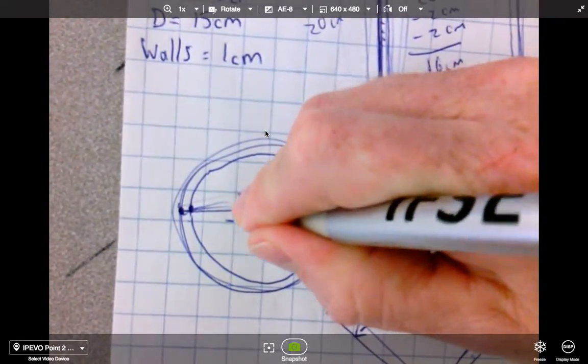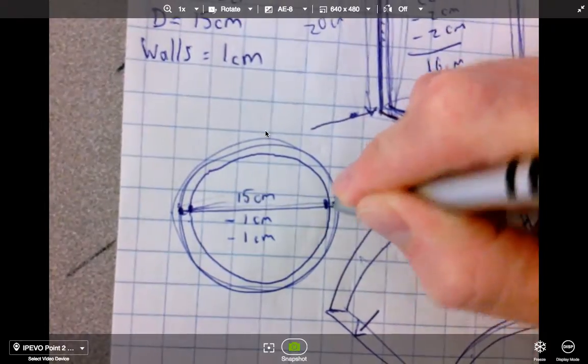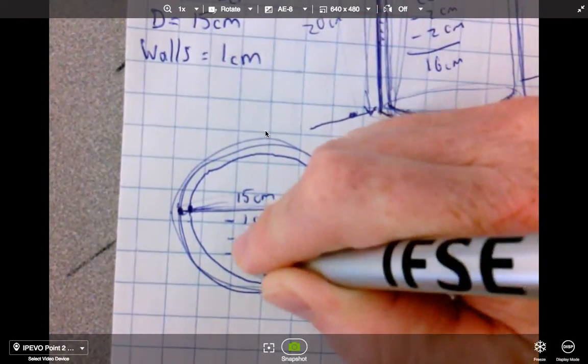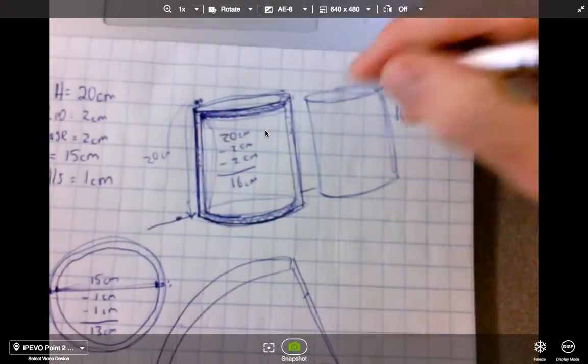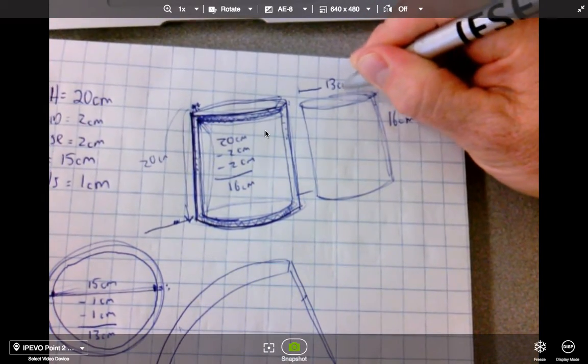It would be 1 centimeter less on this side and 1 centimeter less on this side. So really the ant from the inner cylinder is only going 13 centimeters across. So that means the diameter of my inner cylinder here would only be 13 centimeters.